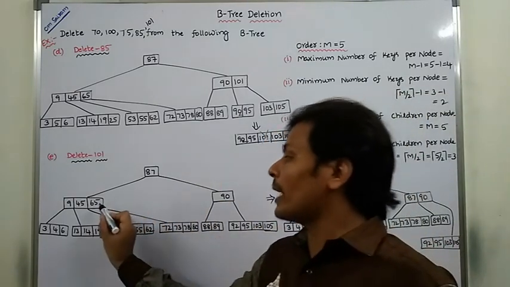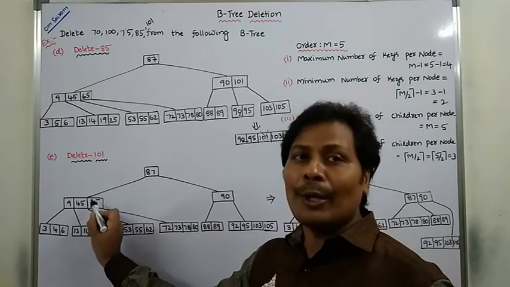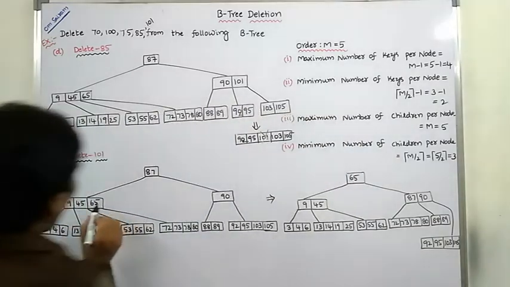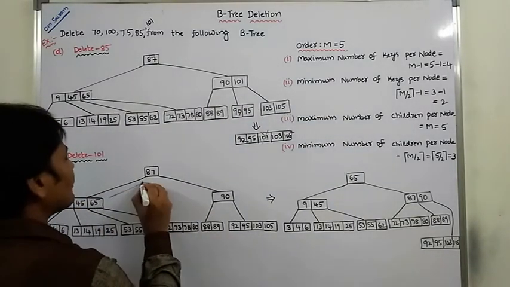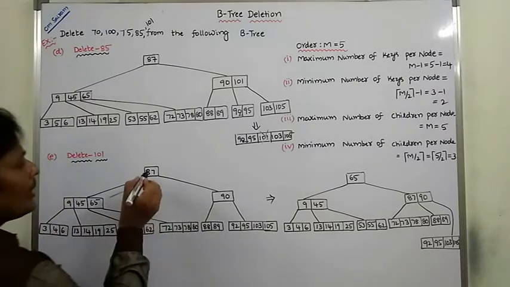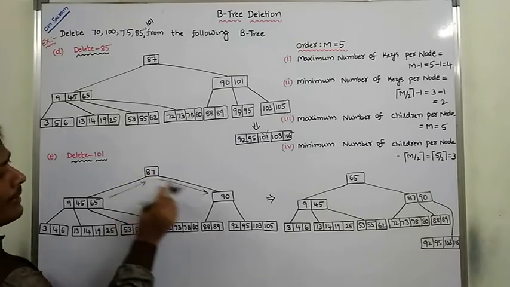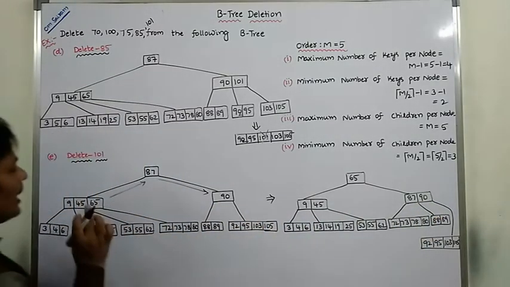Now we have to borrow one key element from this sibling node through the parent. Whatever the maximum element in that node is, that can be transferred to the parent, and the parent can transfer to this one. Here 87 goes to 90, so 87, 90 is there.